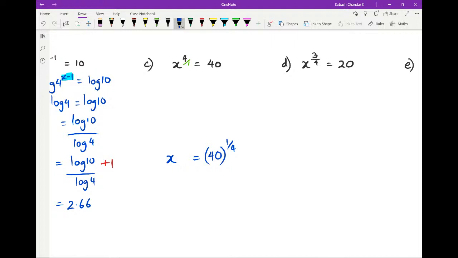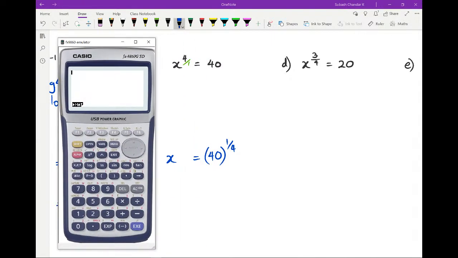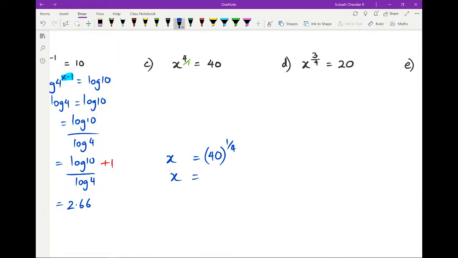Now I can solve this. I literally just go 40 to the power of, make sure you put that 1 over 4 in a bracket, and then I've got 2.515 as my answer.